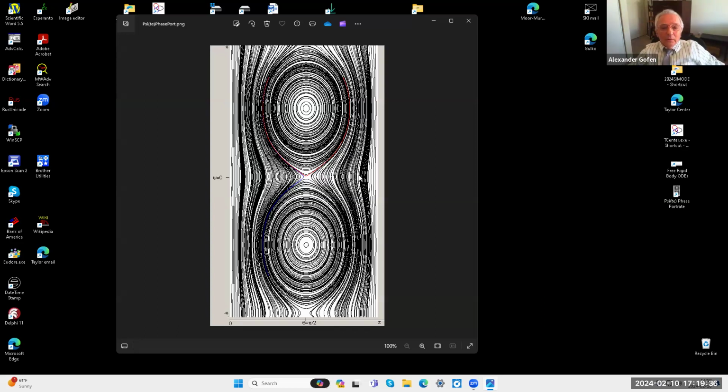Because of having this phase portrait, and because of having the dynamic curve of the behavior of this solution, we were able to clearly understand how this effect of Janibekov really works.